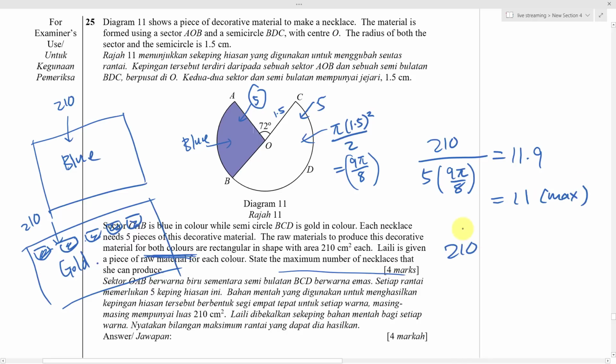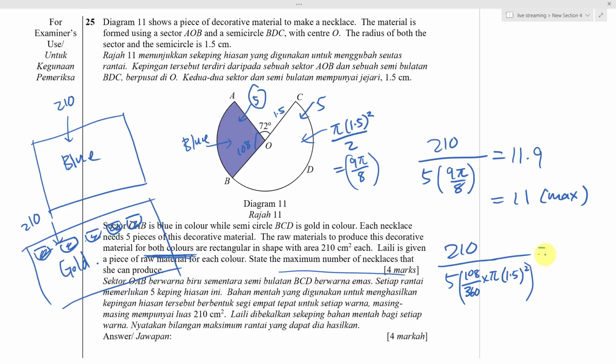Alright, then I will use the 210 to divide the blue part, because the blue part actually is smaller here, so I should be able to make more. So it's 5, and the angle here is 108, isn't it? So it's 108 over 360, and then multiply pi r squared. Then I type this into my calculator: times pi times 1.5 squared times 5, and then 210 divided by my answer.